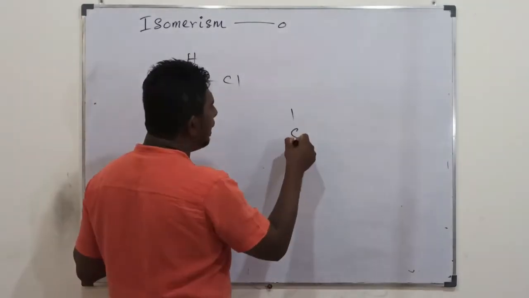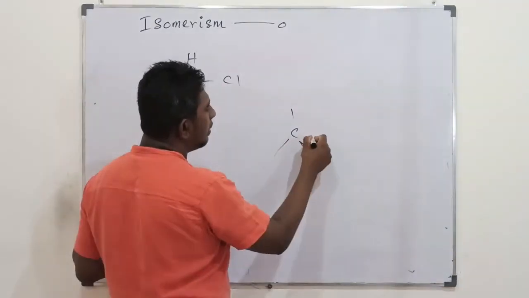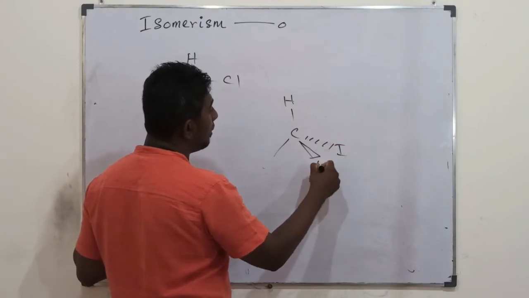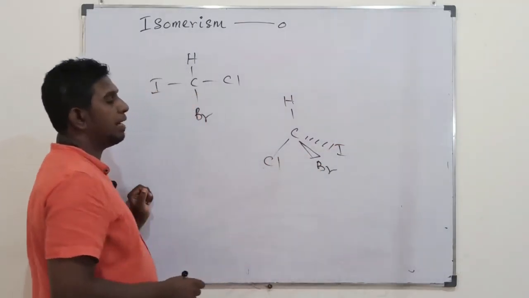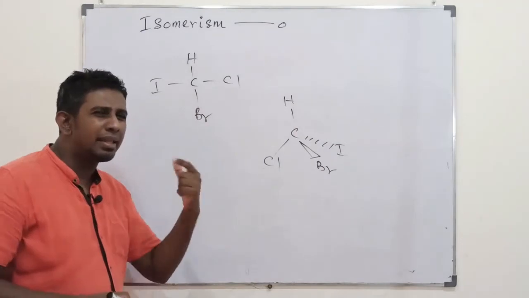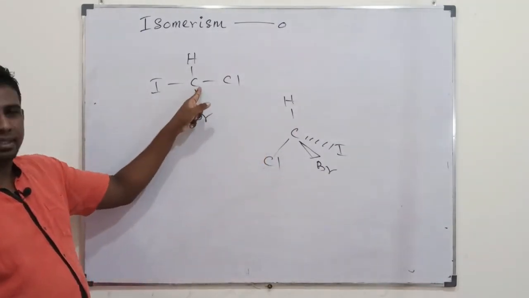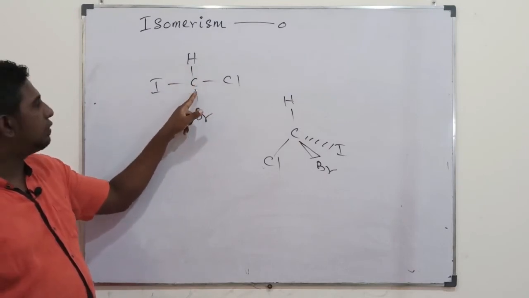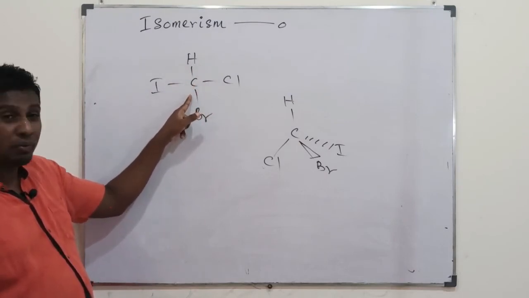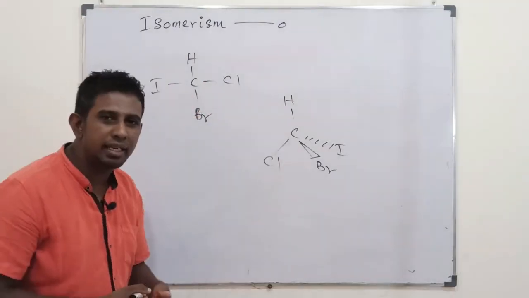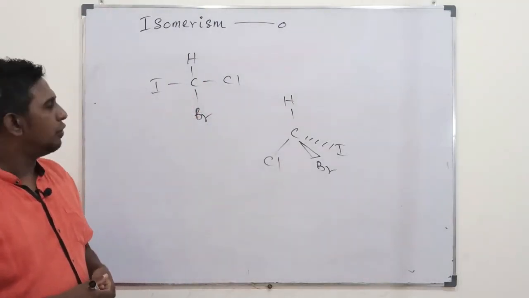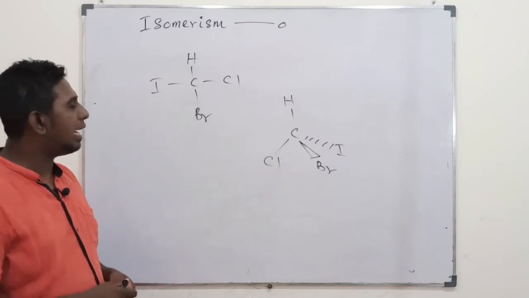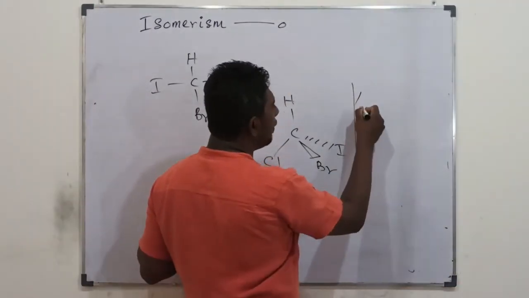So it could be arranged in three-dimensional space as I, Br, Cl in this manner. There could be another one, because this is a chiral center, since all four groups are different. It's with single bonds, bound to carbon, so the geometry is tetrahedral. Then this would be one enantiomer. The other one would be the mirror image of this.